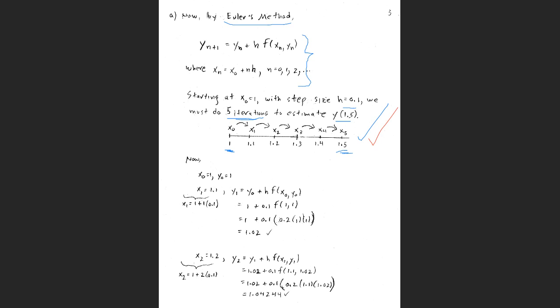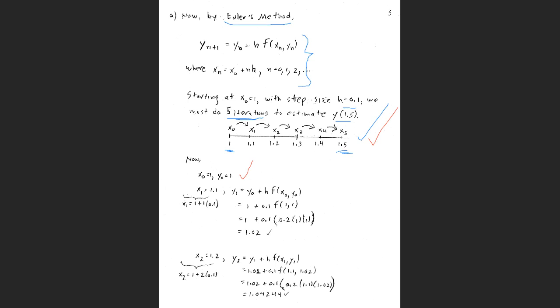Okay, so normally the textbook will have a table. This problem corresponds to the second example in your textbook, and they have things in tables, with your x values and y values, and that's fine. I like to say, hey, we start here: x sub 0 equals 1, y sub 0 equals 1.